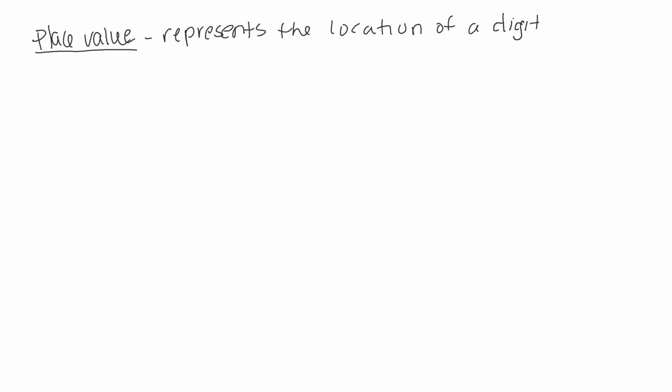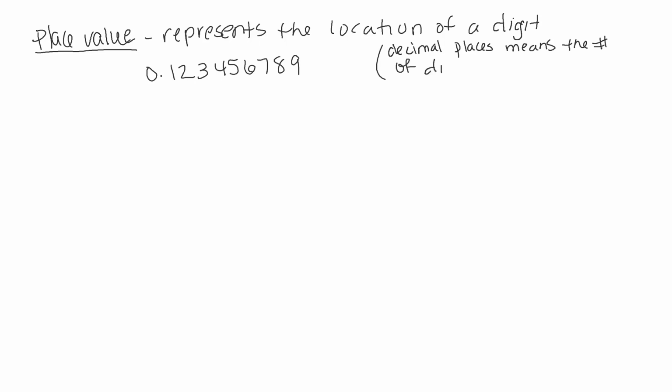Okay, so let's pretend we have this super generic decimal here. Now, for the most part, when we're dealing with decimals in math, you won't see that many decimal places. And just so you know, decimal places, I'm going to use that word a lot in this series of videos. Decimal places means the number of digits after the decimal point.